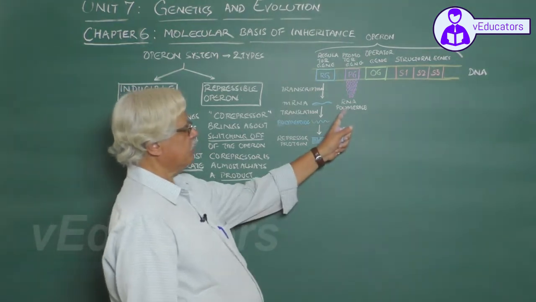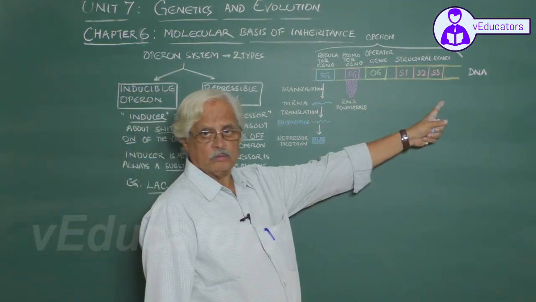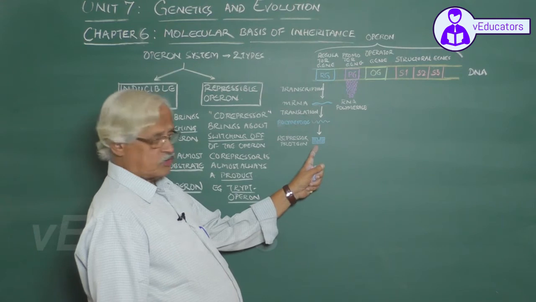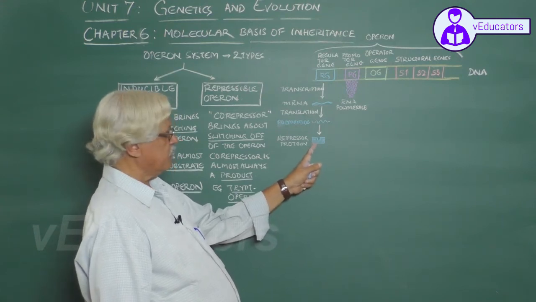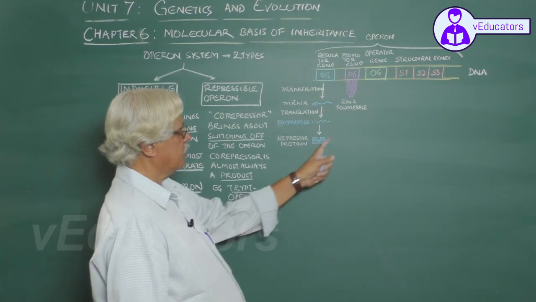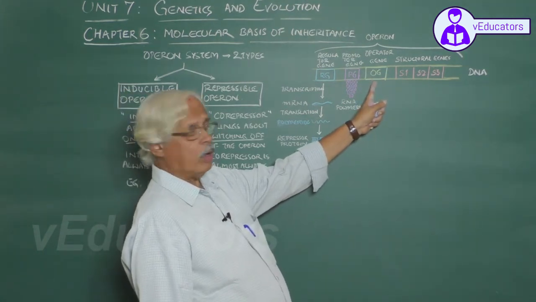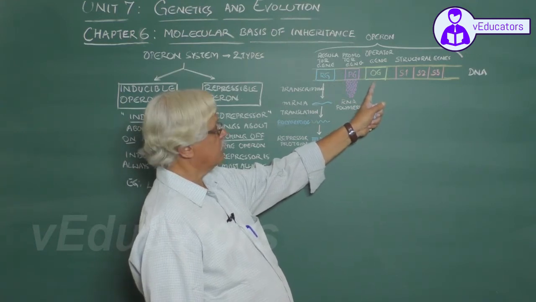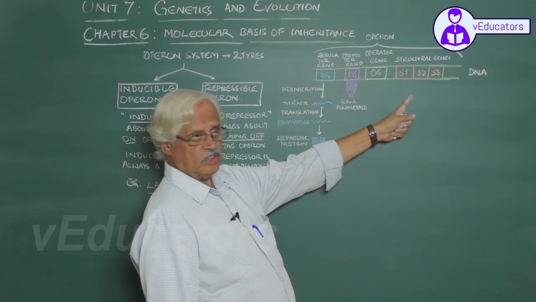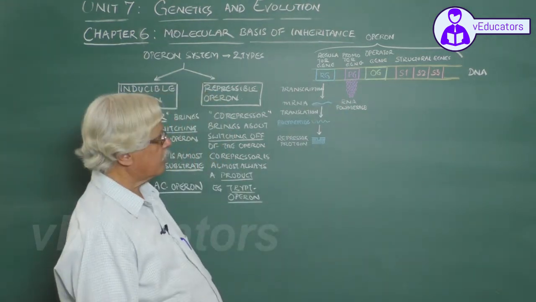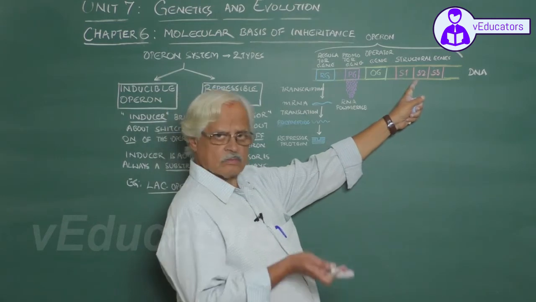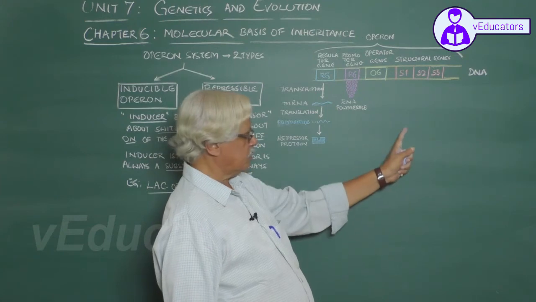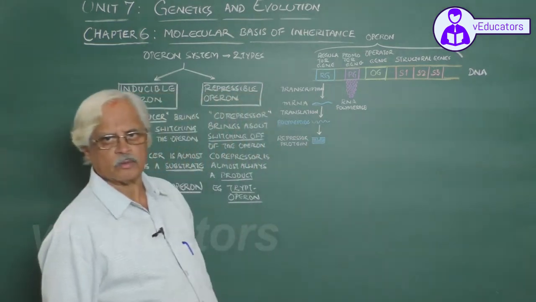It is possible if this RNA polymerase is allowed to reach the structural genes. Suppose this repressor protein binds with the operator gene. RNA polymerase cannot reach the structural genes. It means the structural genes are switched off, so no transcription, no translation, no enzymes are formed.